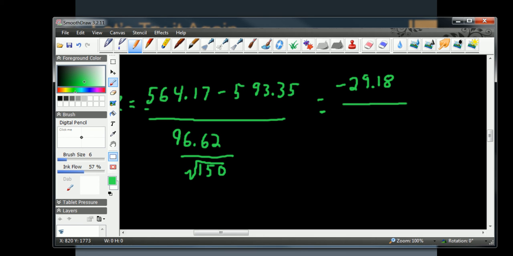And now we want to determine our standard error. So in a sample size of 150, how much difference do we expect just by random error? I get 7.888.